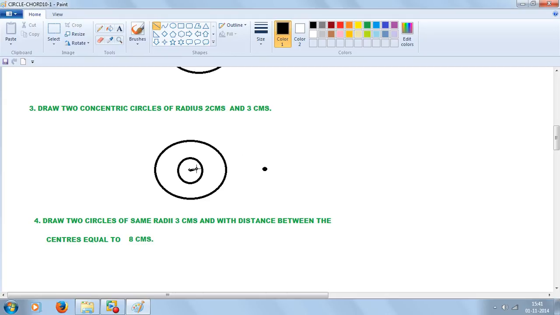This is 3, the outer circle is 3, the inner circle is radius 2. This is not to scale. Please try to draw the diagram as per scale and practice.